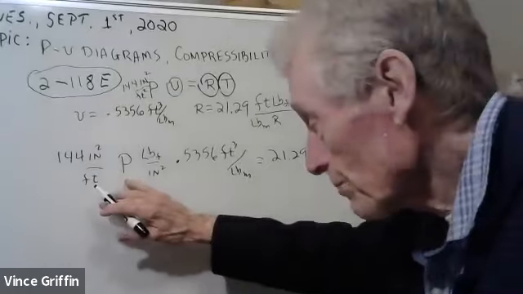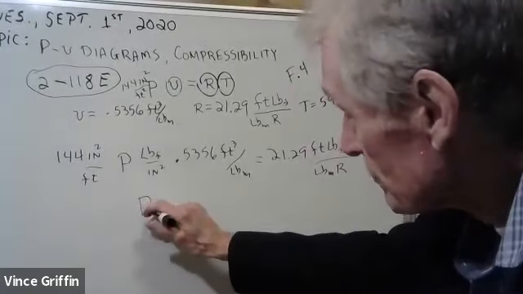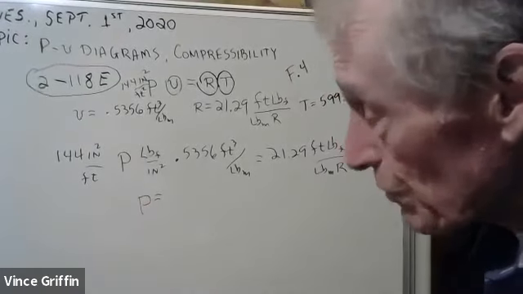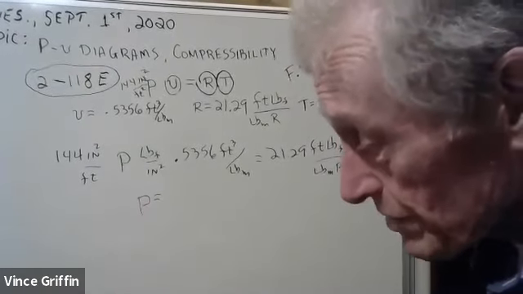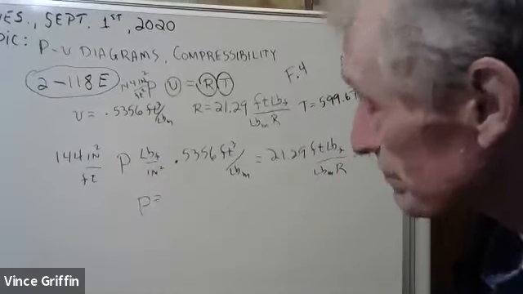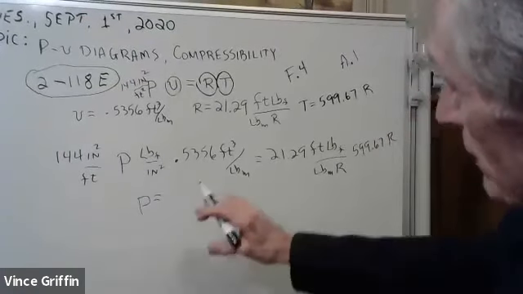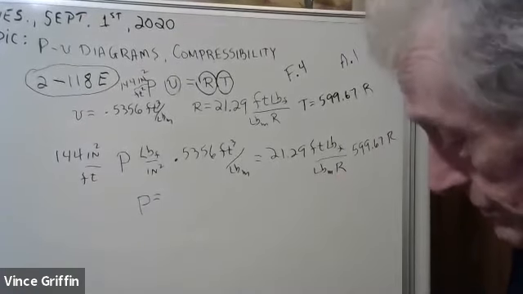Okay, now here's my equation. We know everything except the P, and we can solve for the P. Here goes. Now remember, we already know what the P is. It's 150 PSI. Isn't that what we got earlier? 150 PSI? Okay, plug all that in, tell me what you get.